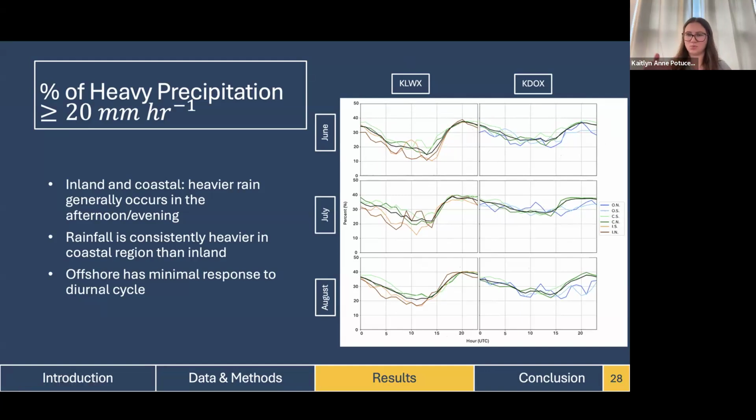This could be due to just the way that I sampled the different subdomains there. And just remember that there's not nearly as much rainfall in that region as there is in the other two. Rainfall is also consistently heavier in the coastal region than it is inland. While they do have peaks of about the same contribution from this more intense rainfall in the overnight hours, the coastal region does have a higher contribution from this heaviest rainfall in all three of our months.